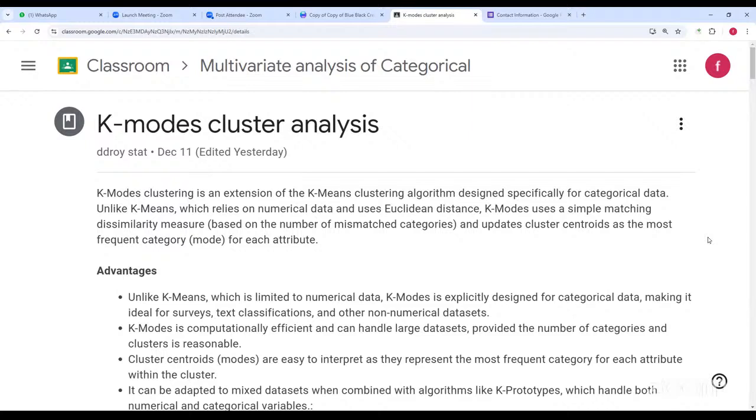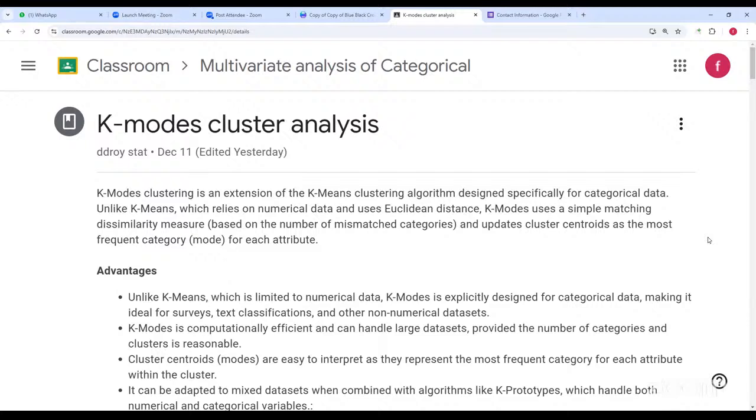K-modes clustering is an extension of the K-means clustering algorithm designed specifically for categorical data.